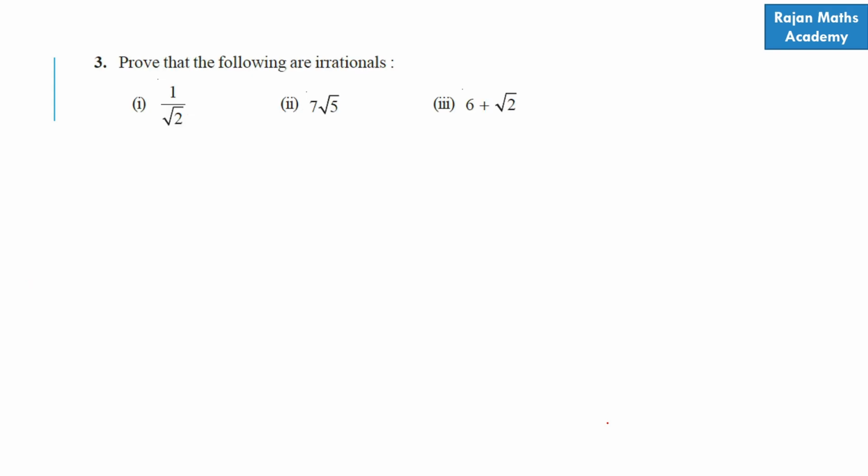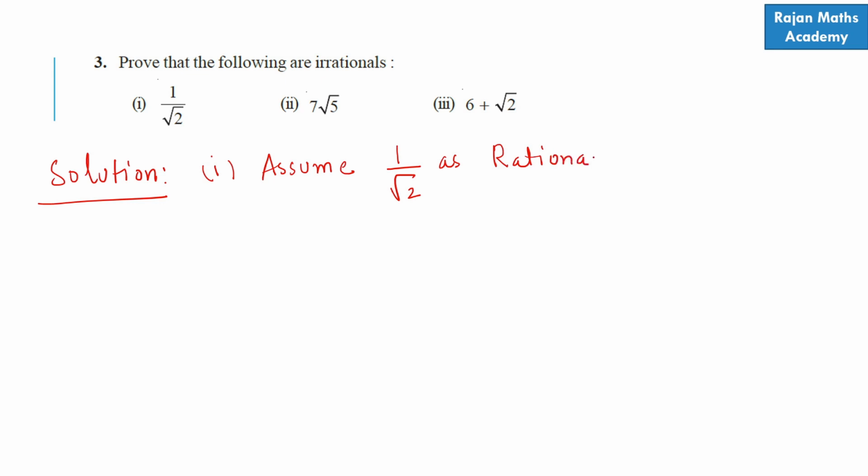Next question. Question number 3. Prove the following as irrational. Part 1. Solution. Prove that 1 by root 2 is an irrational number. Assume 1 by root 2 as a rational number.